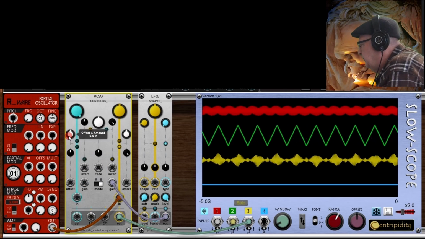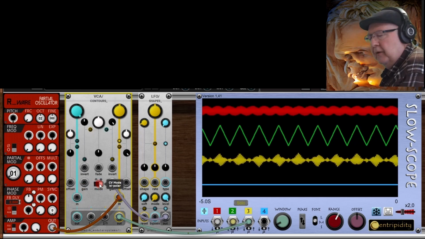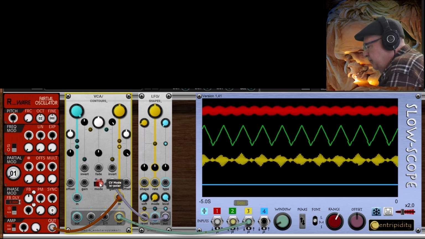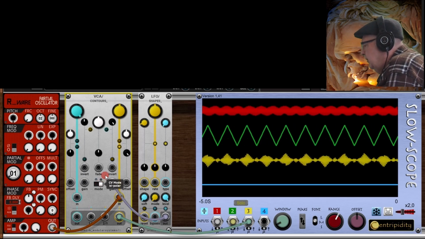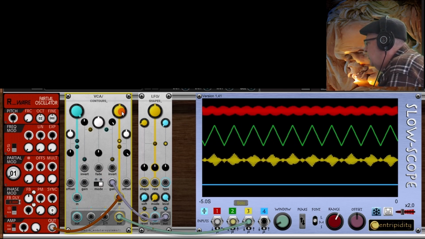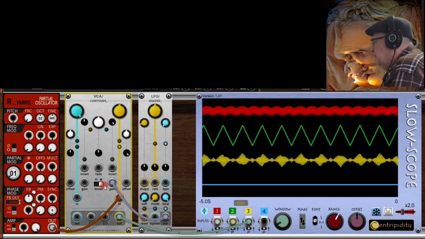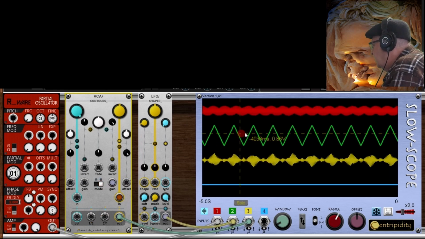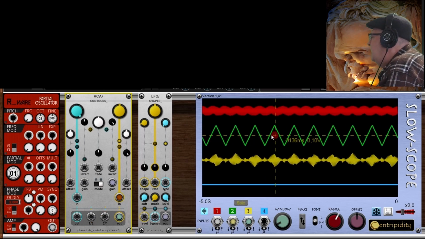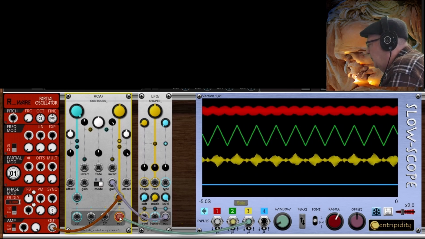The mode switch here lets us choose between a unipolar and a bipolar reaction to the gain CV. I've adjusted the default gain to 50% here to demonstrate the difference. Right now we are at bipolar reaction to the gain CV. Once again, this is the original signal coming from the partial oscillator. This is the gain modulating LFO, and this here is the result coming out of the VCA.